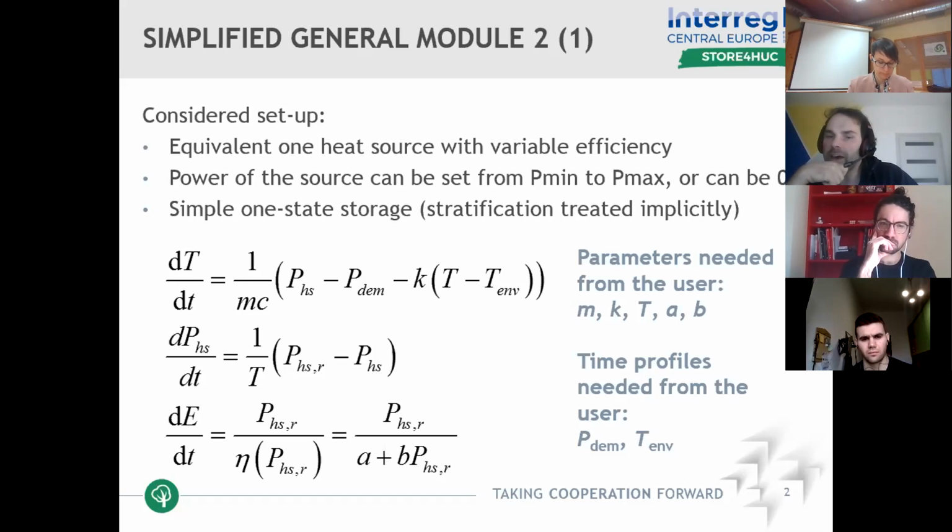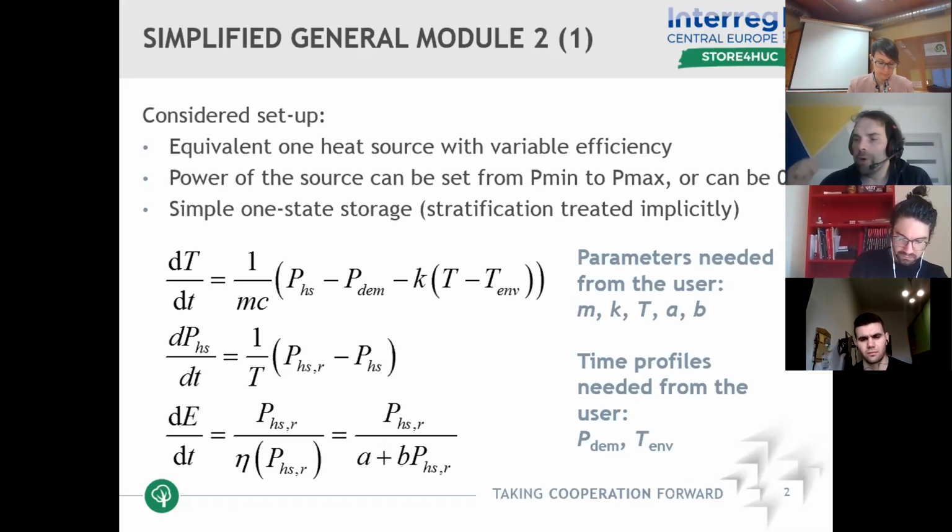So this input is given here as P demand. It would be a collection of points in time, showing how the demand evolves through 24 hours ahead. We can make it, of course, more detailed or more coarse from the user side.